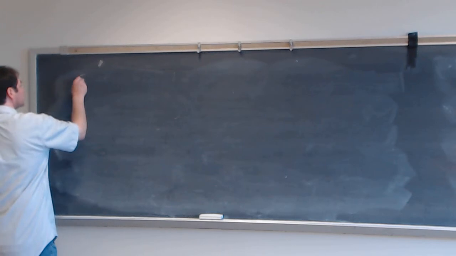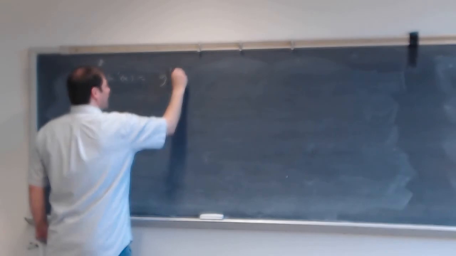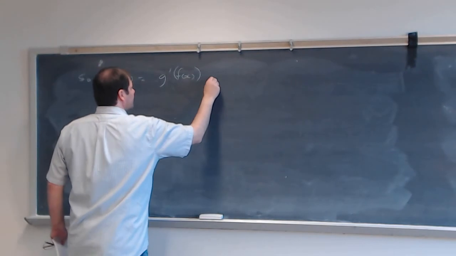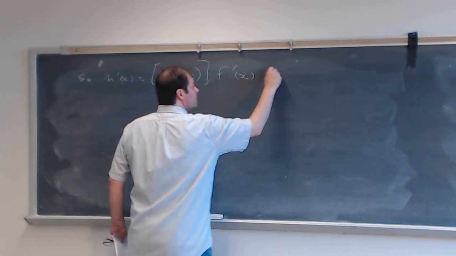So what that says is that h prime of x will be equal to g prime evaluated at f of x times f prime of x, and that's what we wanted to show.